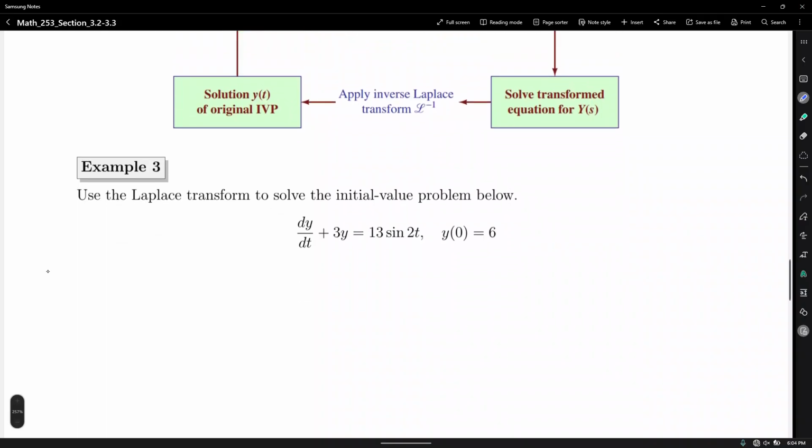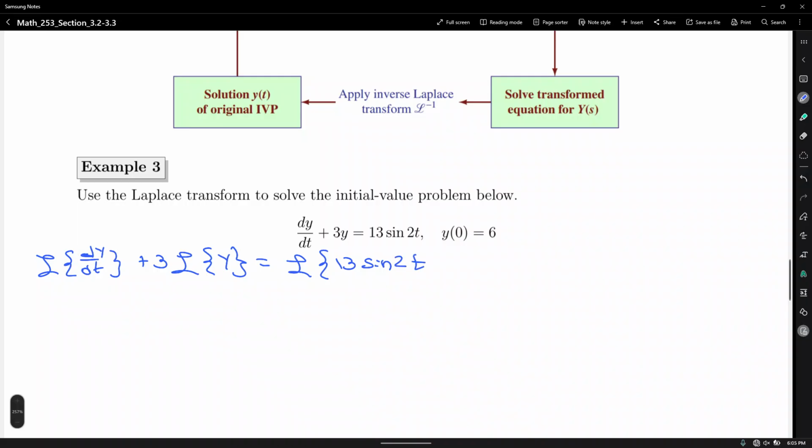So let's take the Laplace transform of the derivative dy/dt, plus 3 times the Laplace transform of y, equals the Laplace transform of 13 sine 2t.